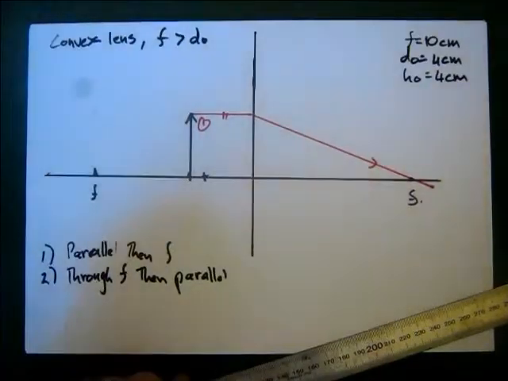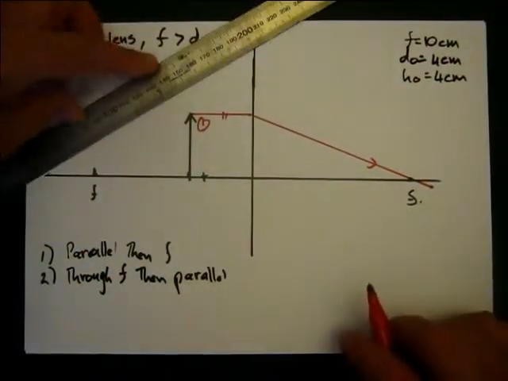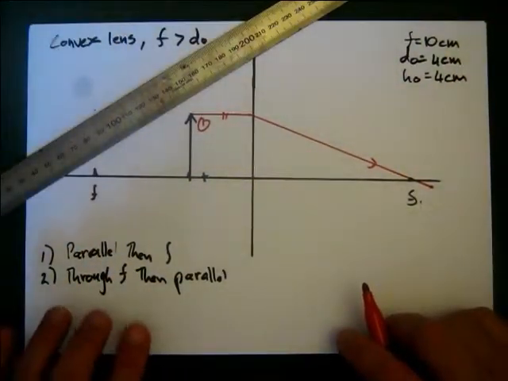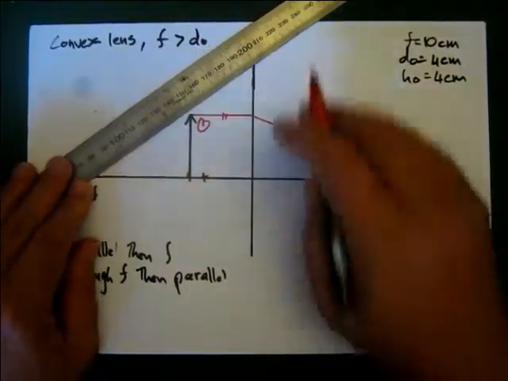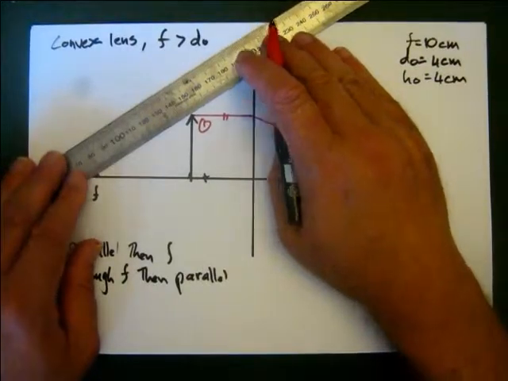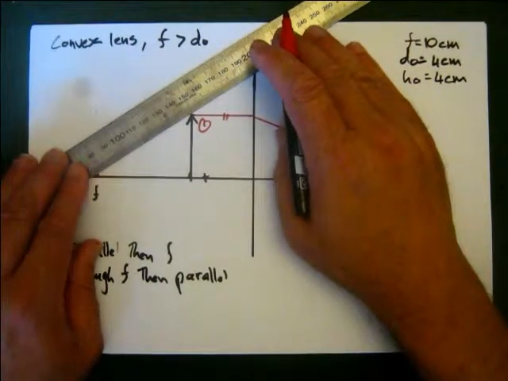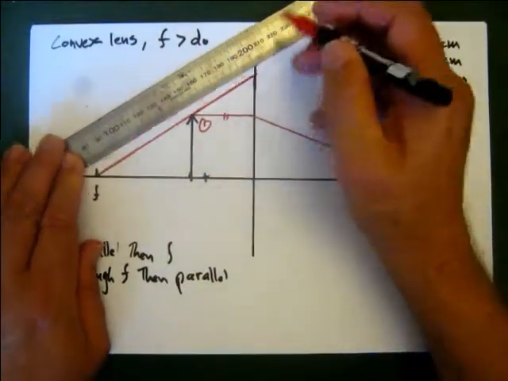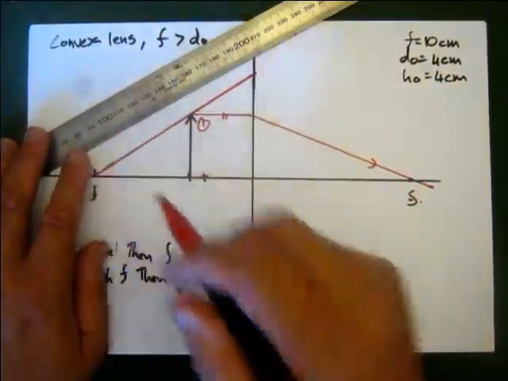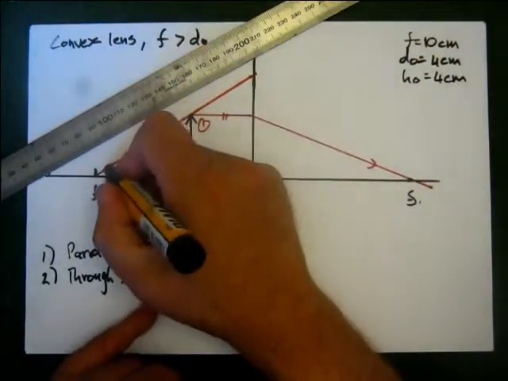So in this case it's a little trickier, like we were doing with the mirrors before. When we do this through F, we put the ruler on F and the tip of the arrow. And then I draw it up. So it goes up from F to there. This should be dashed, I suppose. Let's make that a dashed line.